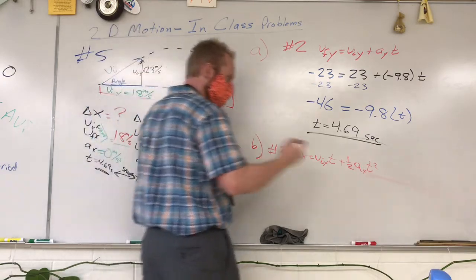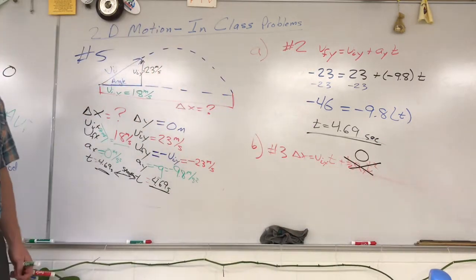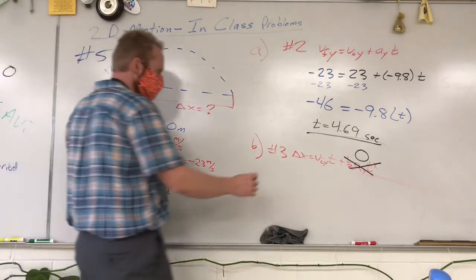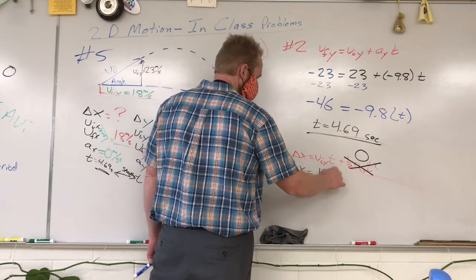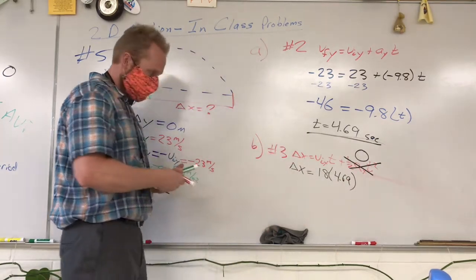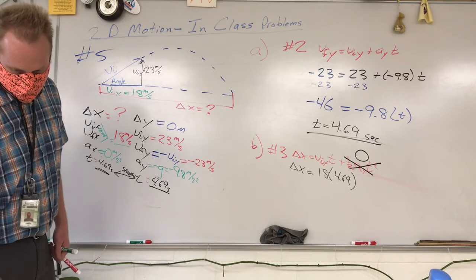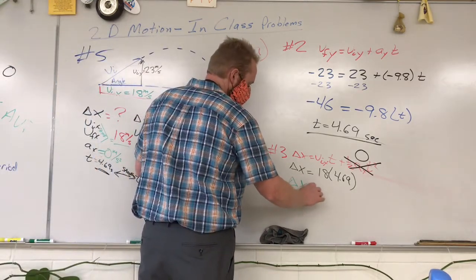And because AX is 0, that's why equation number 3 is so nice in that x direction. And then what we're left with is delta x is equal to 18 times 4.6. And then we get a delta x of 84.48.